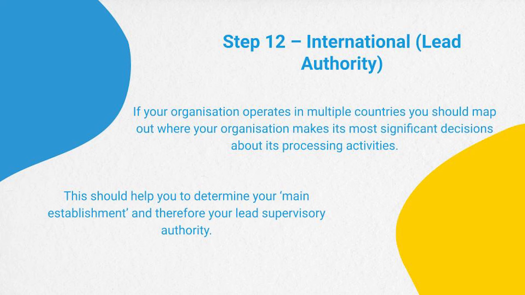If your organisation operates in multiple countries, you should map out where your organisation makes its most significant decisions about its processing activities. This should help you to determine your main establishment and therefore your lead supervisory authority. For example, if you primarily operate in the UK, your lead supervisory authority would be the ICO, and this is where your clients would go if they wanted to lodge a complaint or if you needed to report a data breach.